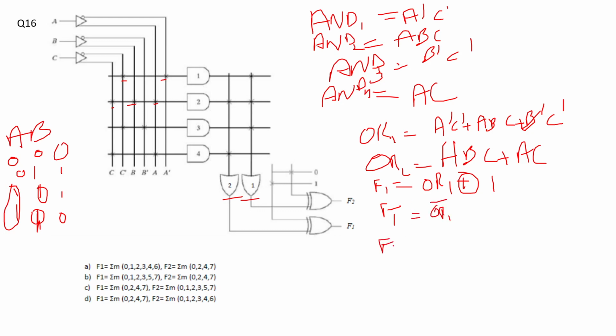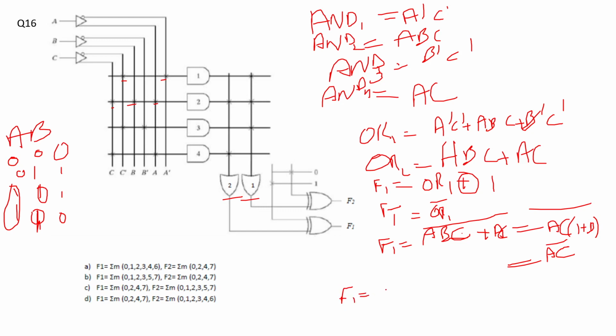So F1 is equal to A B plus ABC plus AC complement, and this is equal to, we take AC common, it's 1 plus B, so this is AC complement. So F1 is equal to AC complement, and that is equal to A complement plus C complement.